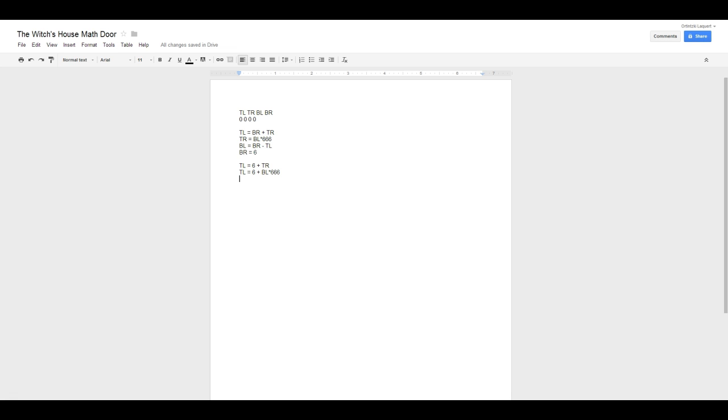So the top left number is then equal to 6 plus the bottom left number times 666. The bottom left number is equal to the bottom right number minus the top left number. And we know what the bottom right number is. The bottom right number is 6.